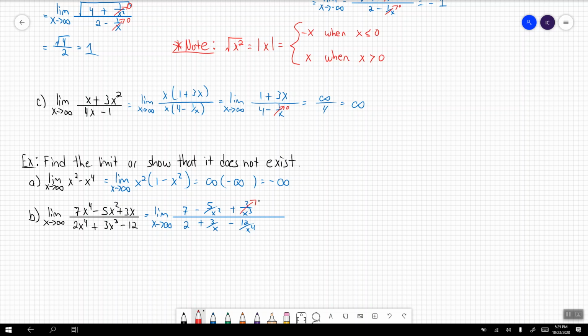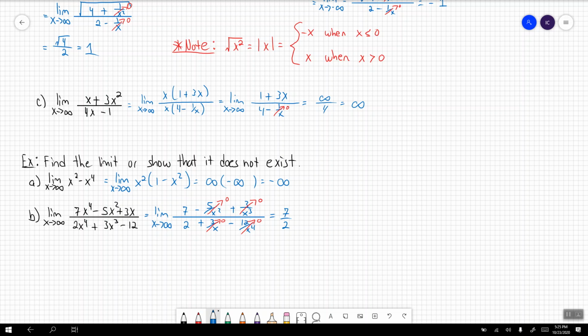Therefore, this fraction will approach 0, and every single fraction that has a denominator of x will also be approaching 0. The result here would give us a value of 7/2.